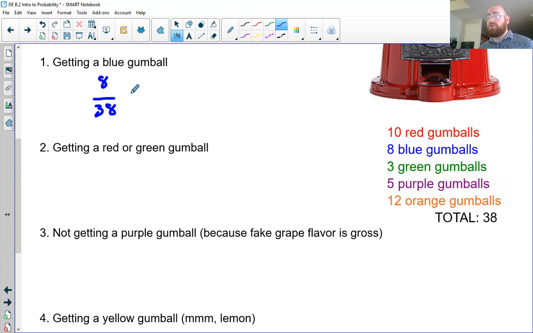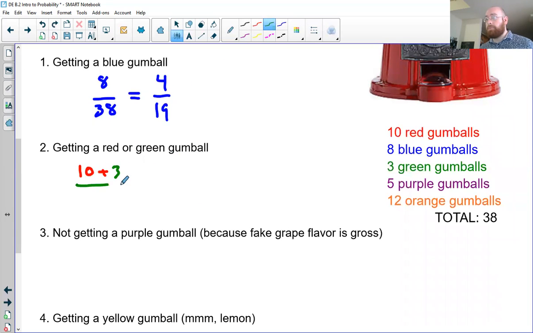So it would be 8/38, or I believe it is 4/17 when we reduce this. Or is it 19? When in doubt, go to your calculator. 38 divided by 2 is 19. And then I shouldn't write 8 again because I'm reducing the fraction. 4/19.